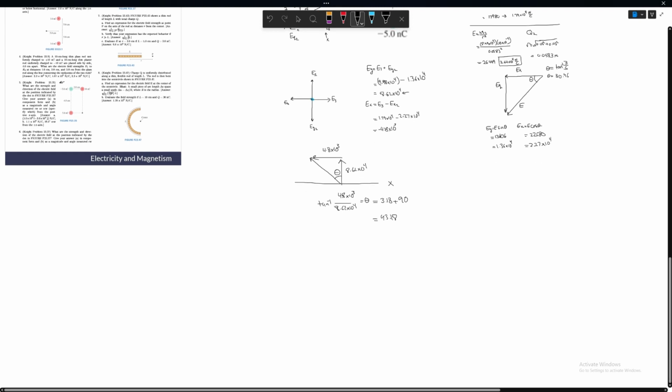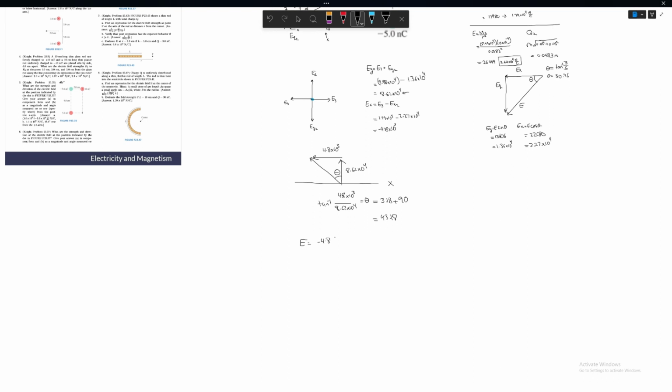And so my answer, in component format, is E equals whatever my x is. My x is negative 4.8 because it's going in the negative direction, going this way, so it's negative 4.8 times 10 to the 3 i hat, plus my y is going up, so it's positive, that's why it's a plus, 8.62 times 10 to the 4 in the j hat.